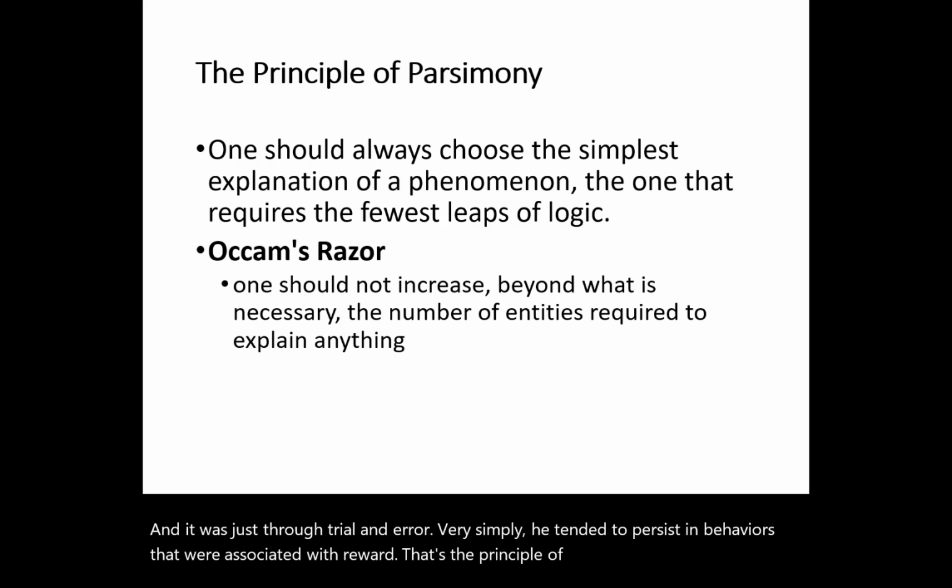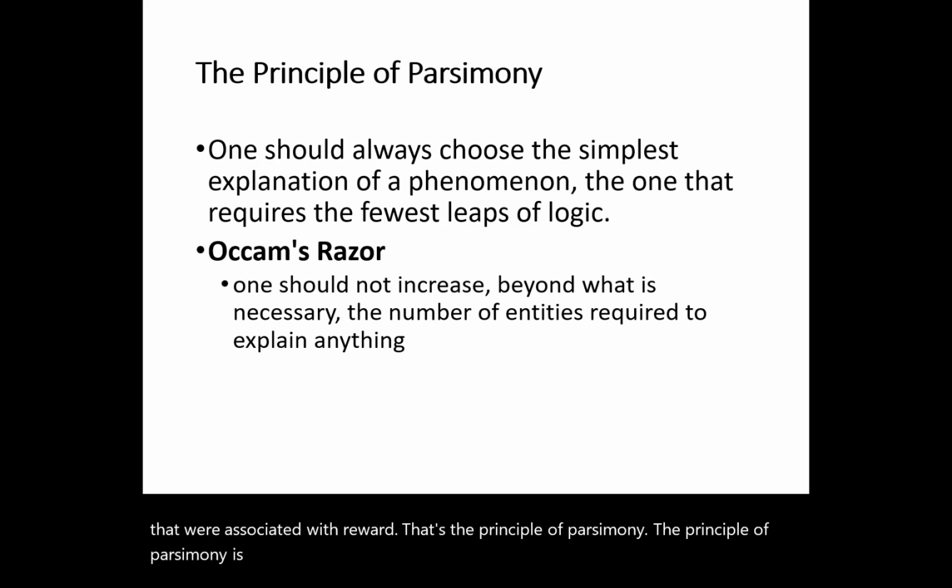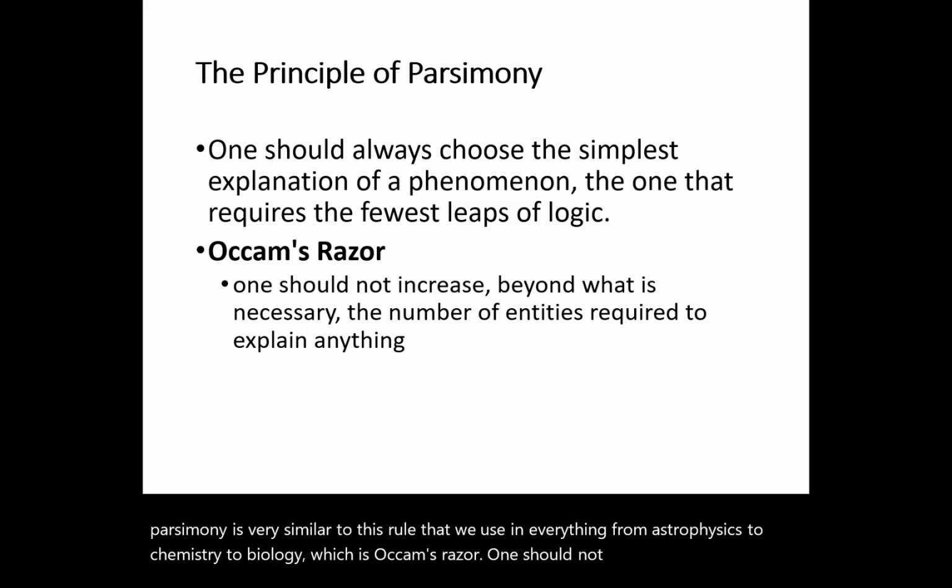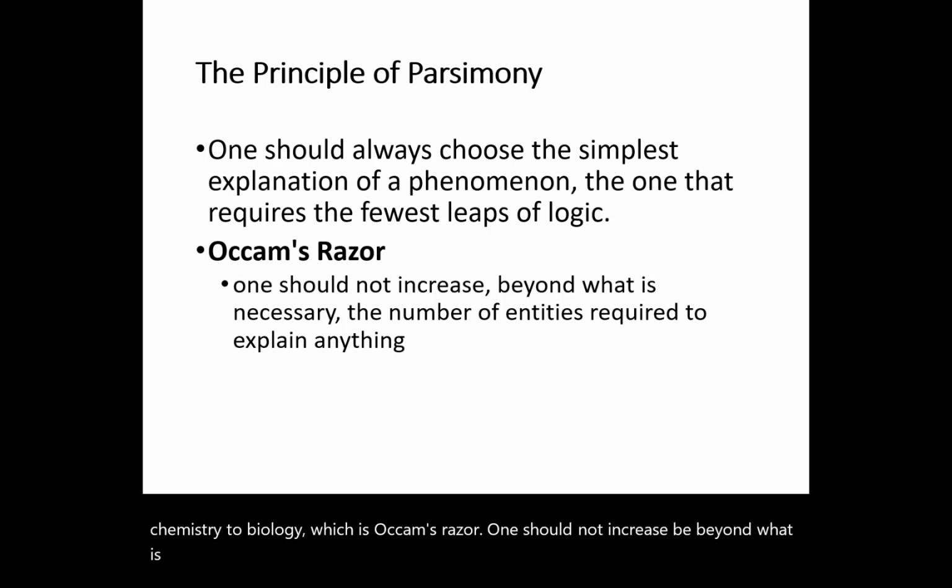The principle of parsimony is very similar to this rule that we use in everything from astrophysics to chemistry to biology, which is Occam's razor. One should not increase beyond what is necessary the number of entities required to explain anything. In other words, don't add complexity.